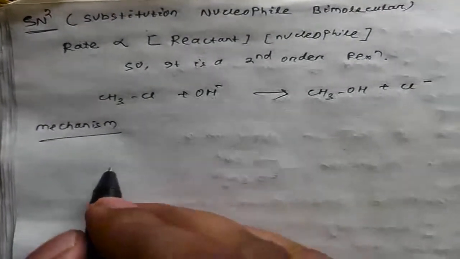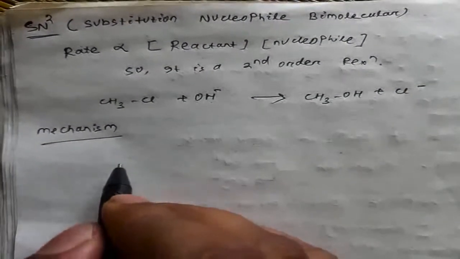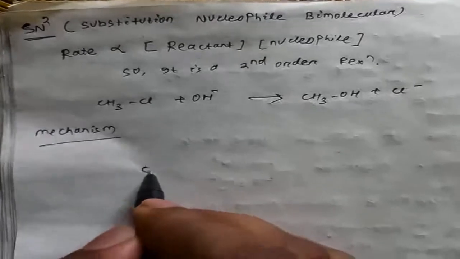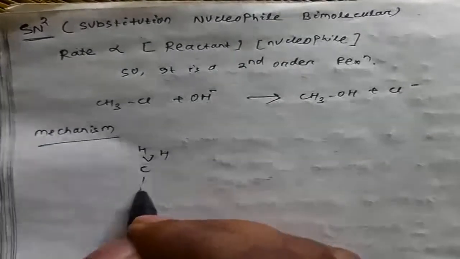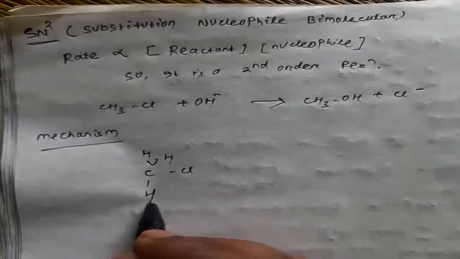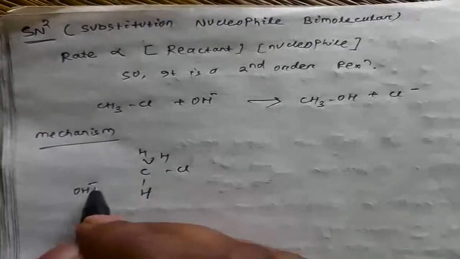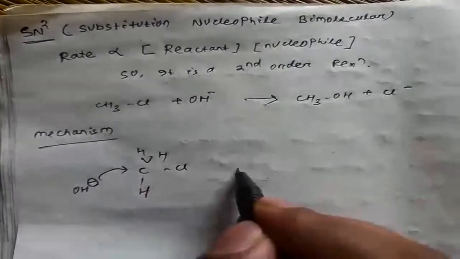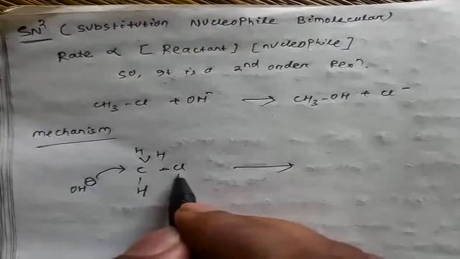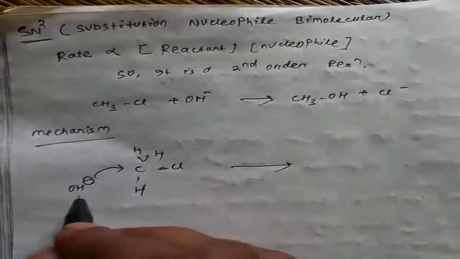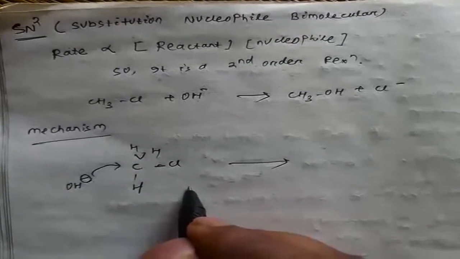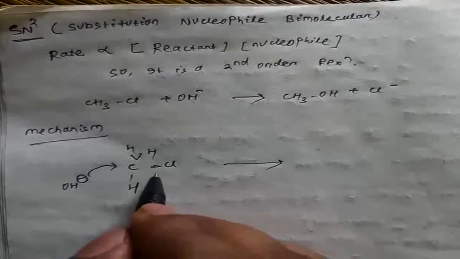The mechanism of the SN2 reaction: it is followed by a transition state. With CH3Cl and OH minus, the OH minus attacks from the back side, because one nucleophile, Cl minus, is already present, so the other nucleophile OH minus cannot attack from the same side.